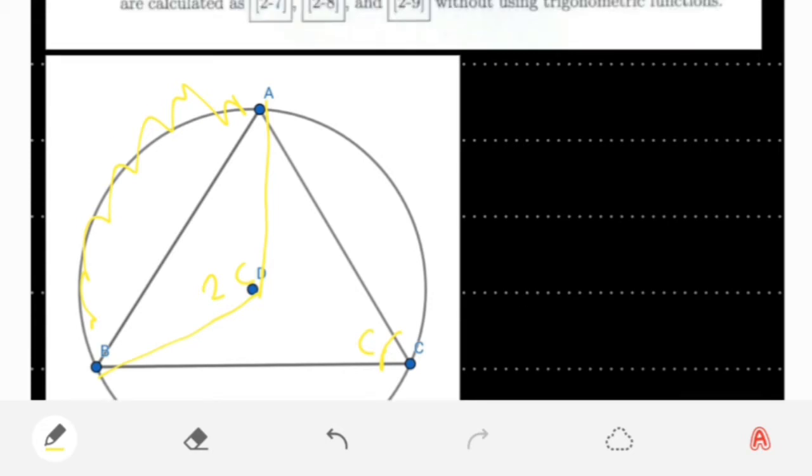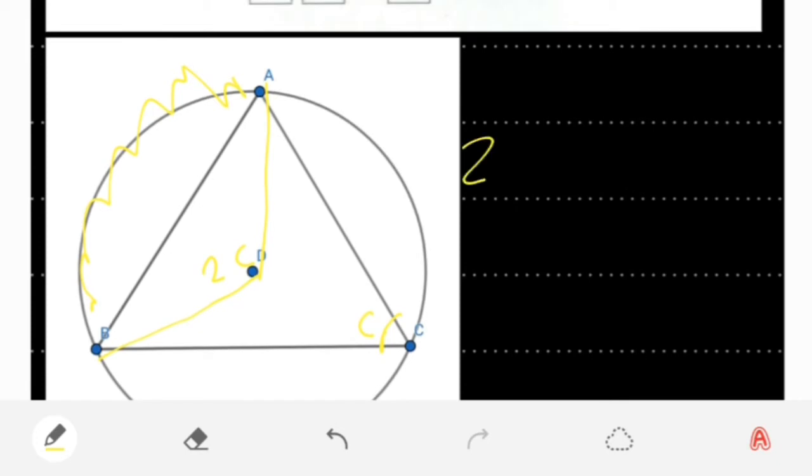Remember, the whole length of the circumference is 2πR. Now we have a relation: the whole circumference, 2πR, divided by the angle that makes the whole circumference, 360 degrees, is equal to what?